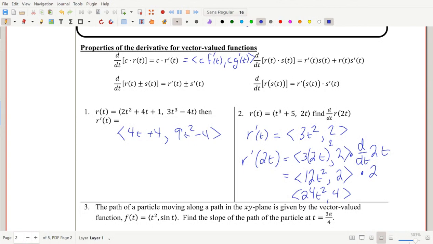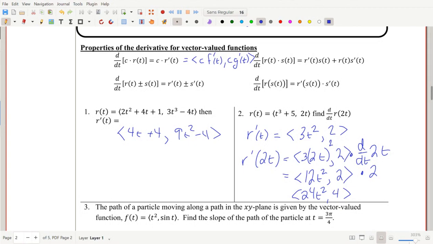Taking that derivative directly would have gotten the 24, 8 times 3. Plugging in 2t for this t would give us 2 times 2t, 4t. So that way highlights the chain rule, but there are also ways to just plug your thing into the original vector and then get the same result the same way.